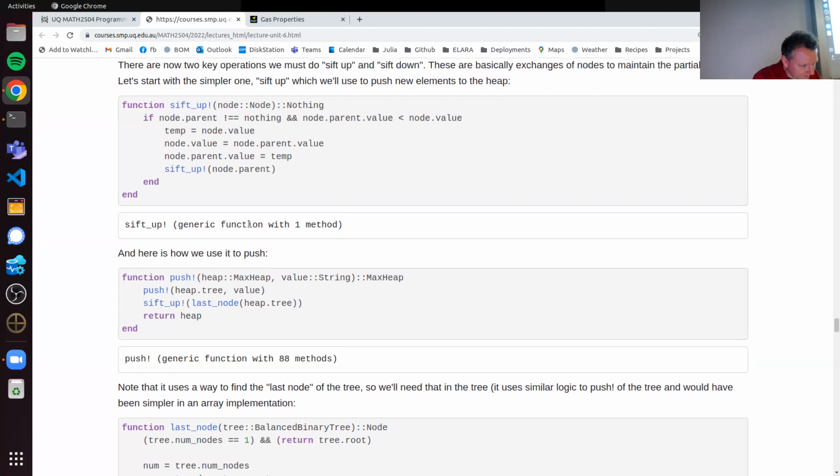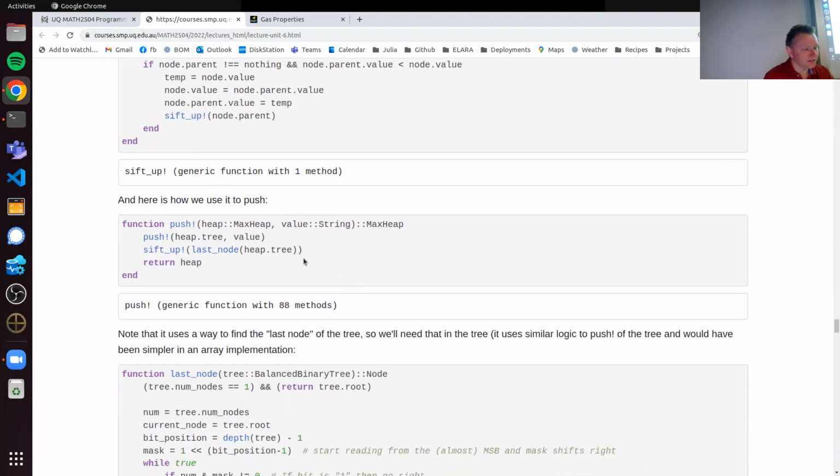Where's the comparison? Oh, here's the comparison. Yeah, sorry. So we start at the thing that we put in, and we ask, are we bigger or smaller than the parent, right? And this is a max heap. So we ask if we're bigger than the parent. If we are, we want to swap with them, and that's the sift operation. That's just reversing the direction of these pointers, essentially.